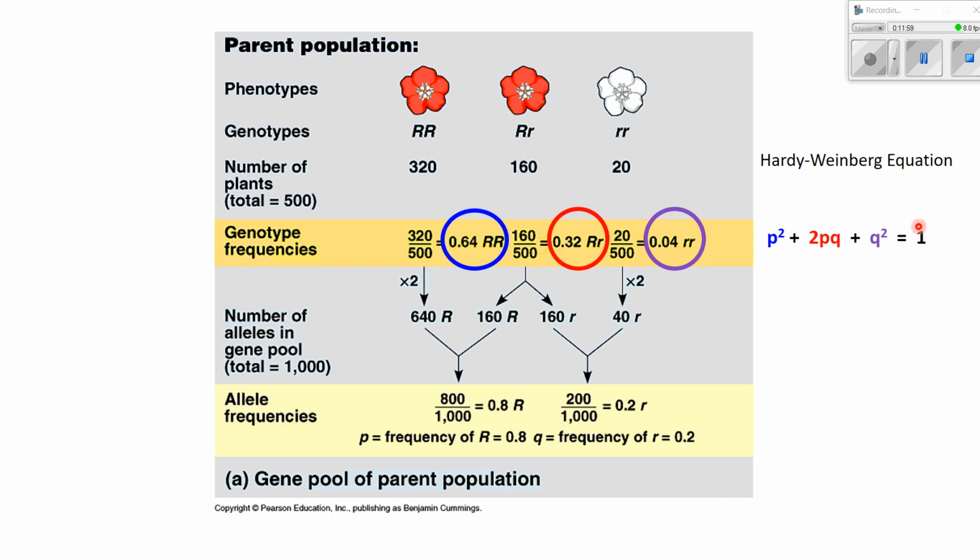This is the premise behind this wonderful mathematical equation called the Hardy-Weinberg equation. What this basically says is, in any population that is not currently evolving, if you add up p squared, which is the frequency of homozygous dominant individuals, plus 2pq, which is the frequency of heterozygous individuals, plus q squared, the frequency of homozygous recessives, that's everybody.